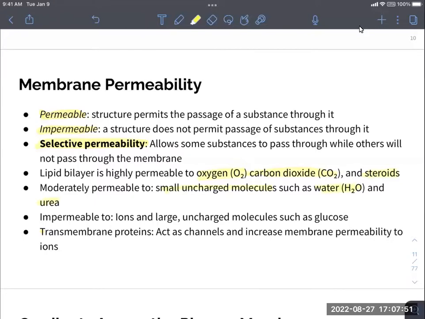And urea. They are impermeable to ions and large uncharged molecules like glucose. So they need some kind of carrier or transmembrane protein that allows them to move from one side of the cell membrane to the other.